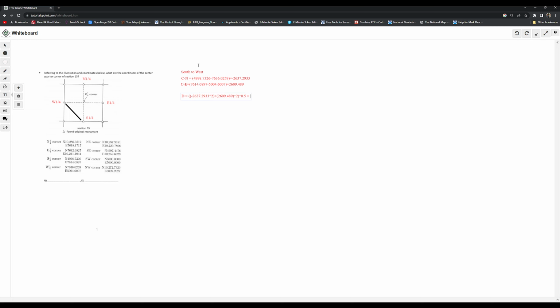So, move that out of the way. 2637.2933 squared, plus parentheses 2609.489. You don't have to include the negative symbol here because when you square it, it's going to be positive anyway.